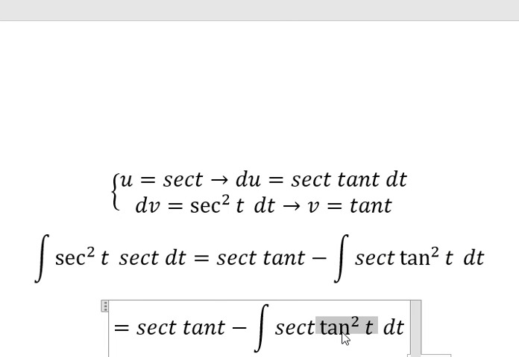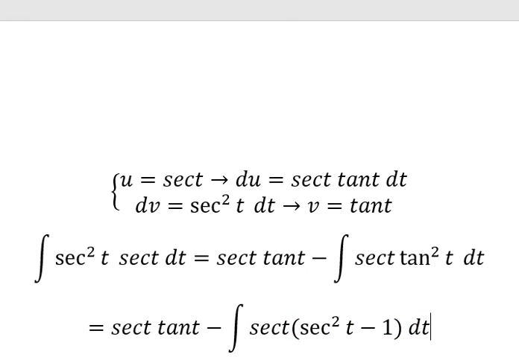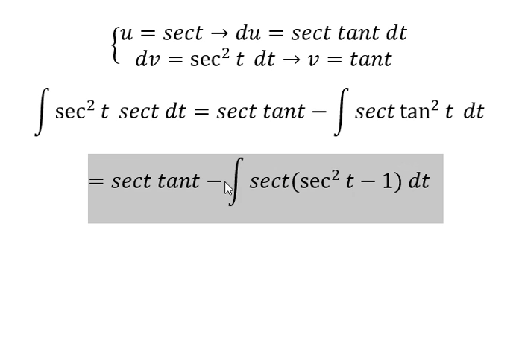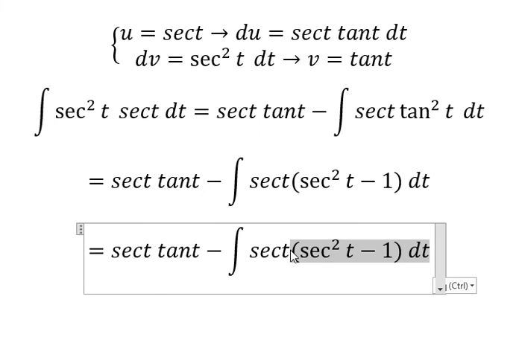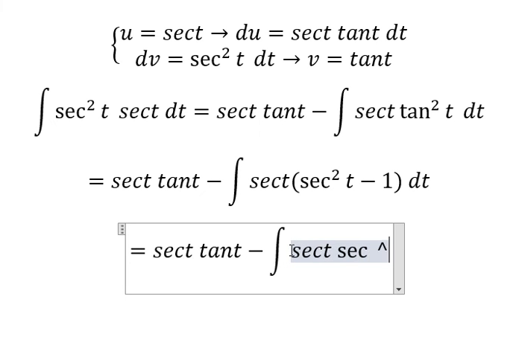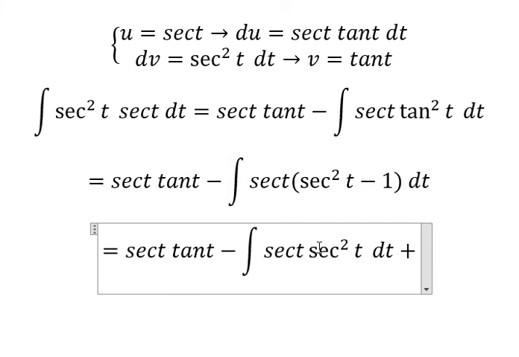So this one we change secant of t square minus 1. Next, negative secant of t multiplied by secant of t square and negative number 1. So we have like this. Negative and negative, we have positive.